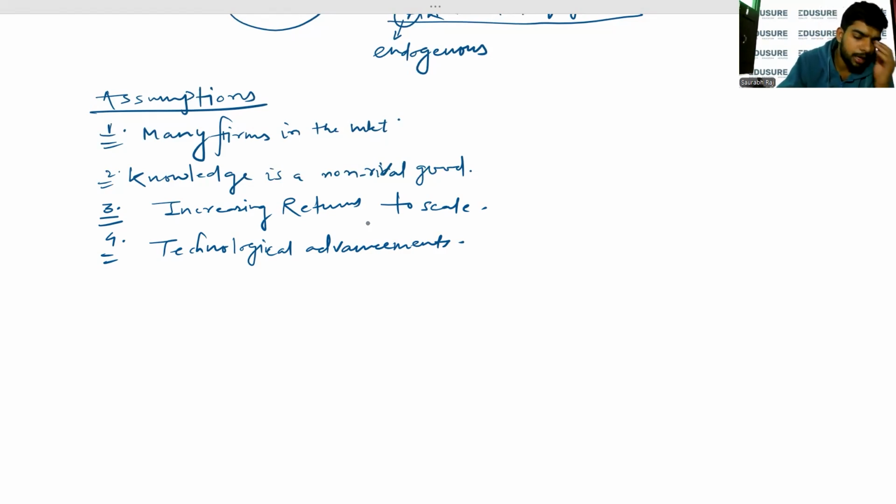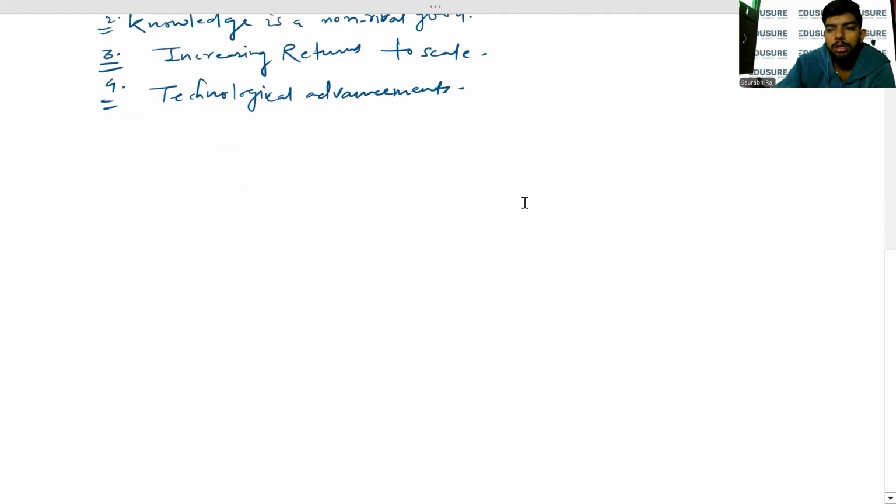Now, there are three proponents of the endogenous growth model. So we will see them one by one. And in all the growth models, we will see how endogeneity of technological progress happens in different ways. First we will see Arrow.